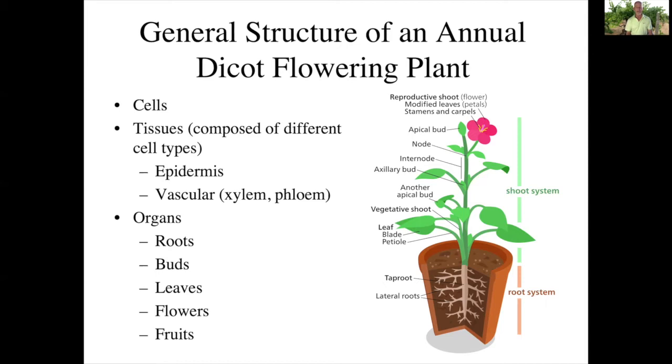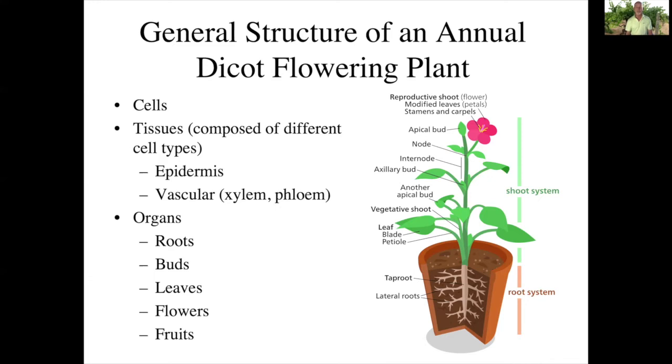We could have vascular tissue. Vascular tissue would be the piping system in the plant. So the xylem is one form of tissue which forms the water pipes that send water throughout the plant. And the phloem is another piping system adjacent to the xylem, which transports sugar.